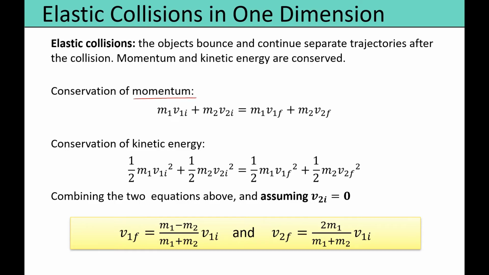So conservation of momentum has the momentum from object 1 and momentum from object 2 at the initial time. So the sum of these two components will be the total initial momentum.